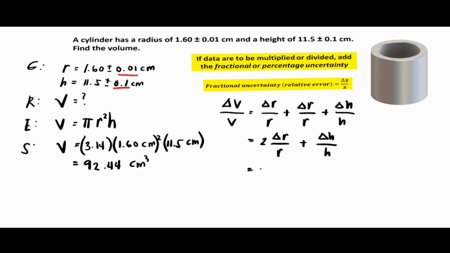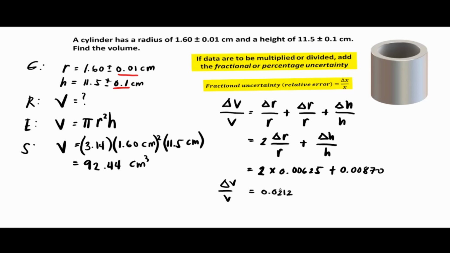So we have 2 times 0.00625 plus 0.00870. So the fractional uncertainty of our data, delta v divided by v, is equal to 0.0212.